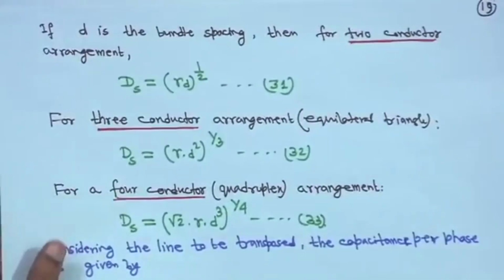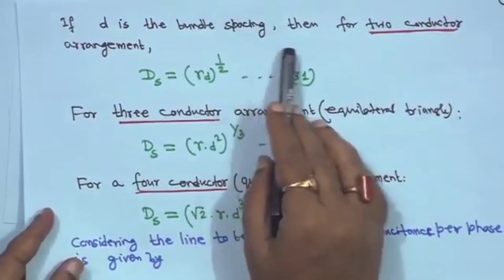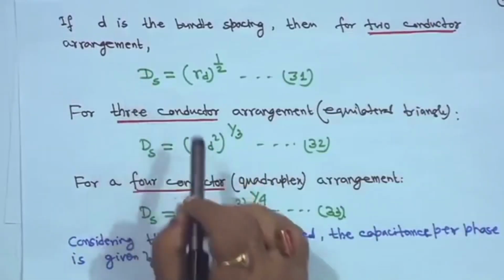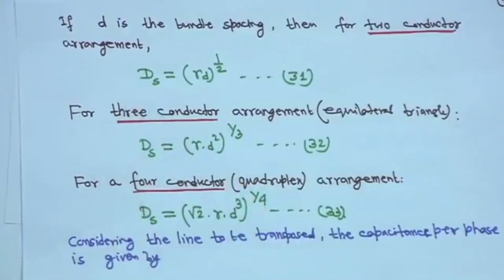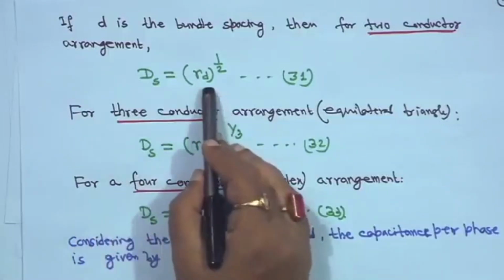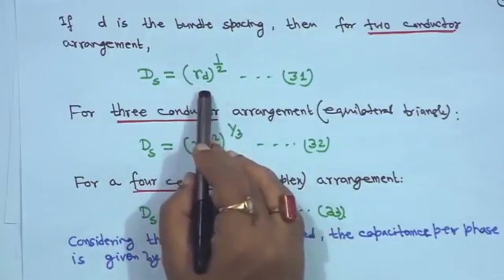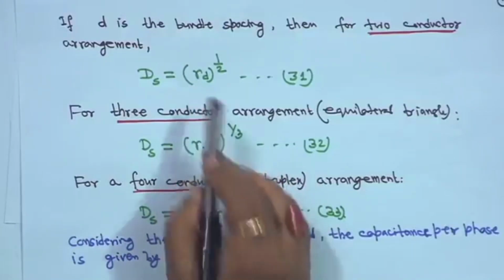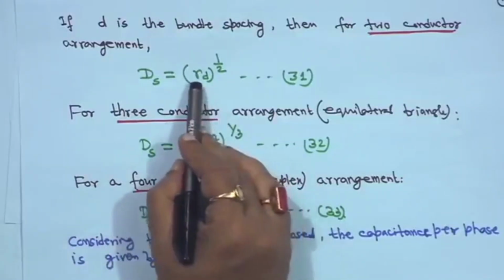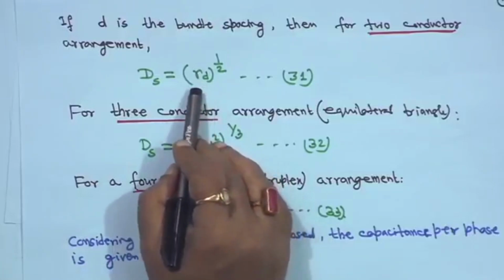Therefore, if d is the bundle spacing, then for the 2 conductor arrangement, ds is equal to root of r d, that is r d to the power half, the geometric mean radius for the 2 conductor case. In the case of inductance it was r dash, but in the case of capacitance it is r.